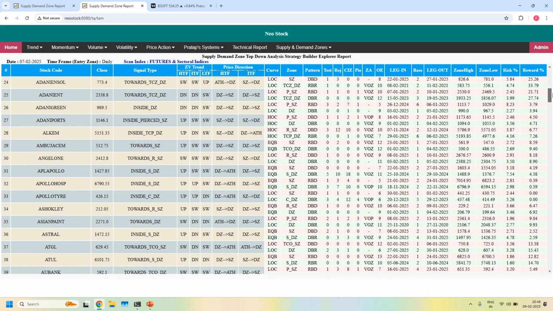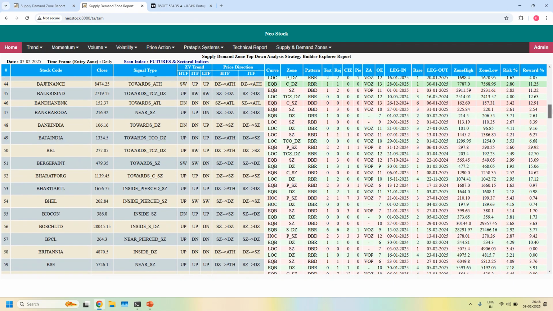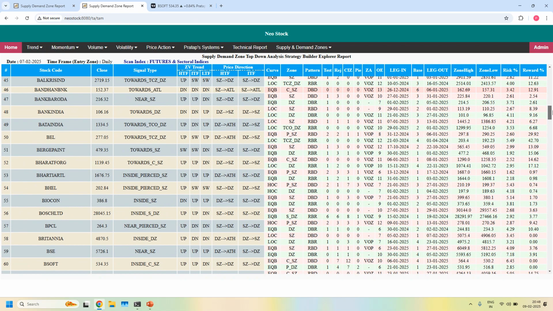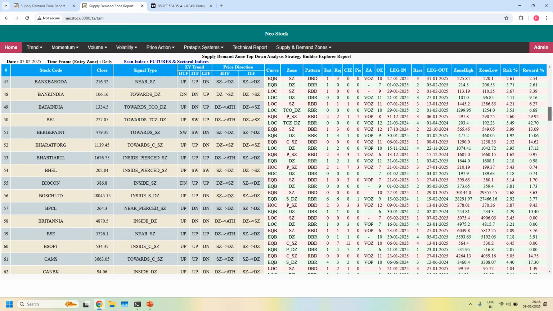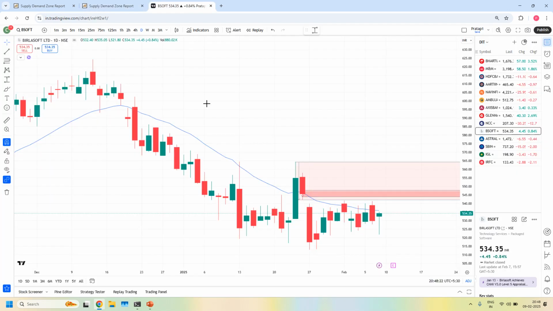So Birlasoft, because I'm not able to convince myself about how much buffer the software has given, I want to cross check. In the supply zone, it is a high liquidity supply zone, daily supply zone. When 6/1/2025, 4 base candles.